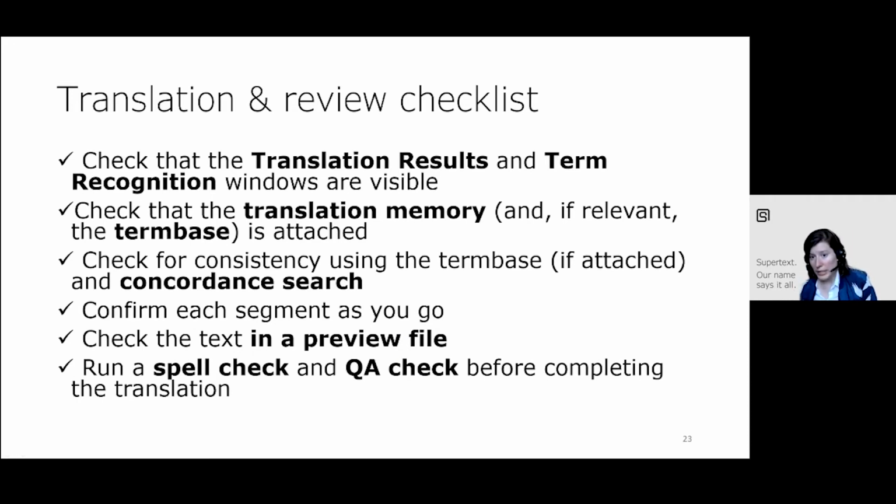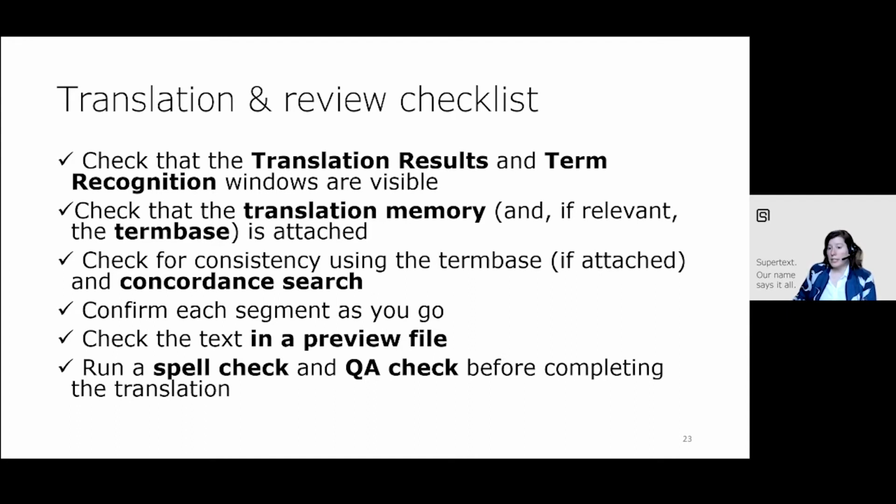So to review, here's a checklist of things to look out for when translating or doing a bilingual review. First, make sure that the translation results and term recognition windows are visible. Then check that the translation memory and term base are attached.